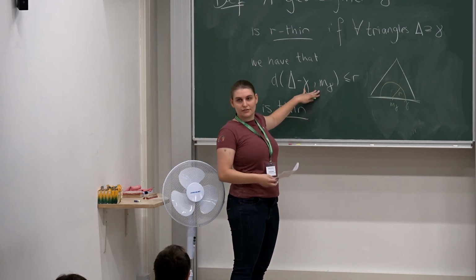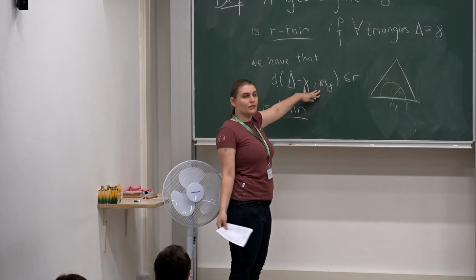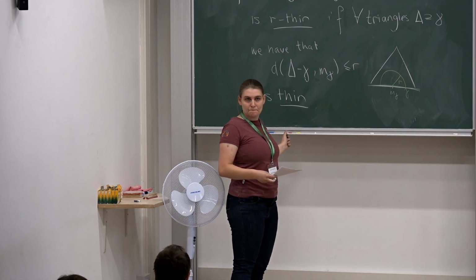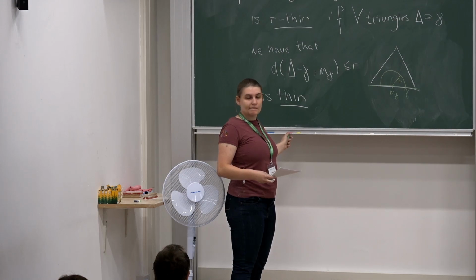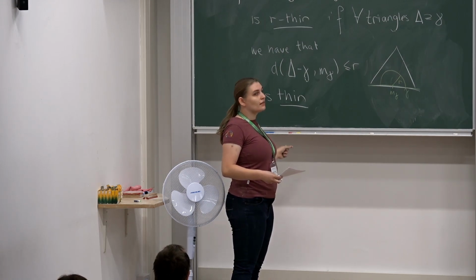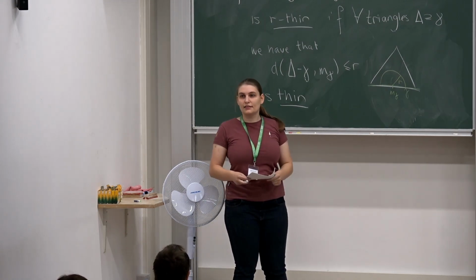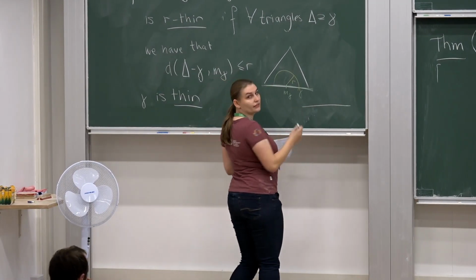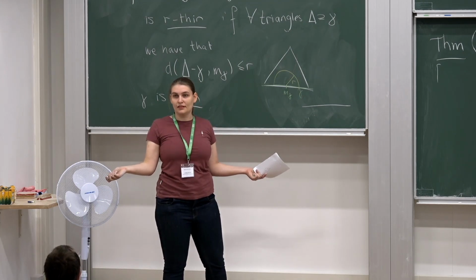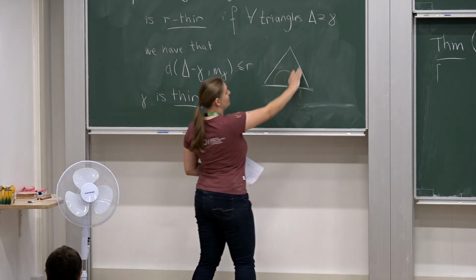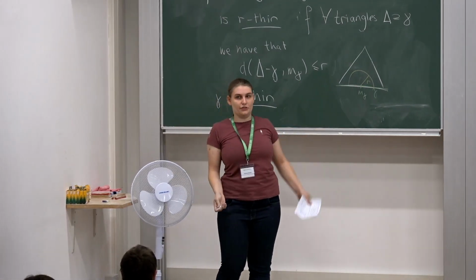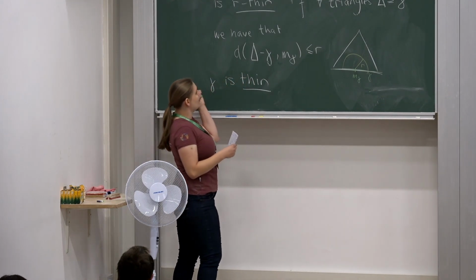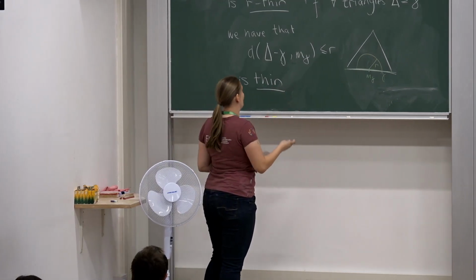But for a particular triangle, we can just use the normal distance from our space. So the rest of the triangle enters the R-ball around the midpoint, not both sides have to enter it? Yes, the rest. Because otherwise, you could always have a degenerate triangle, right, where one side is a point. So at least one of the other two sides has to go through the midpoint. So we say it's thin if it is R-thin for some R.